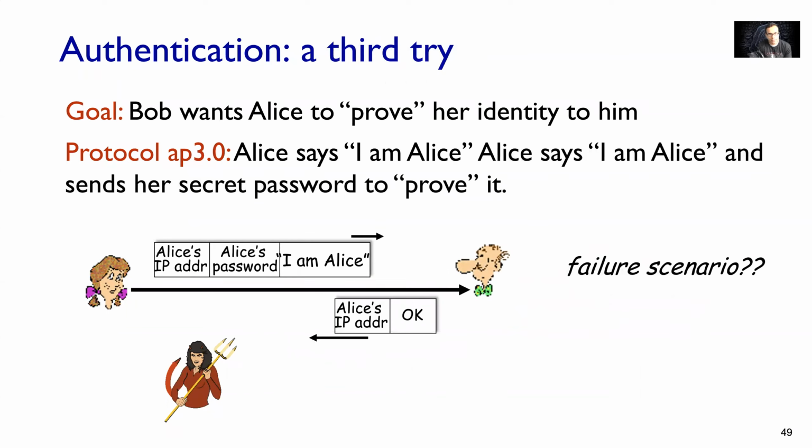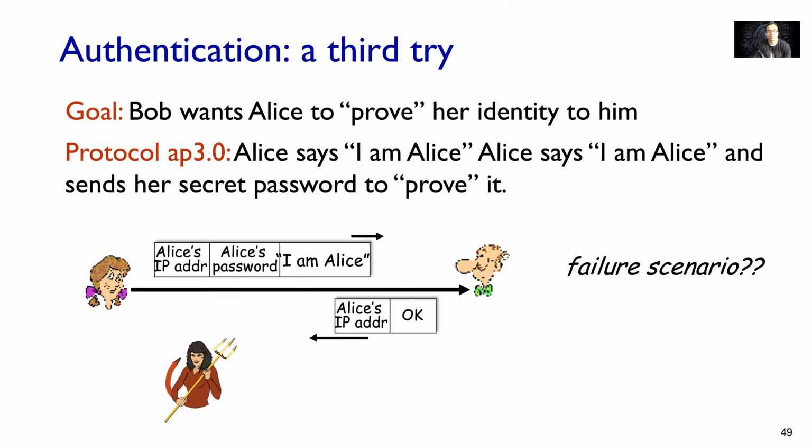Well, you might say, okay, let's try to be a bit clever. Not only does Alice include her IP address and a message saying "I'm Alice," we may assume that there's a shared secret password that Alice is using, and that's also known to Bob, right?